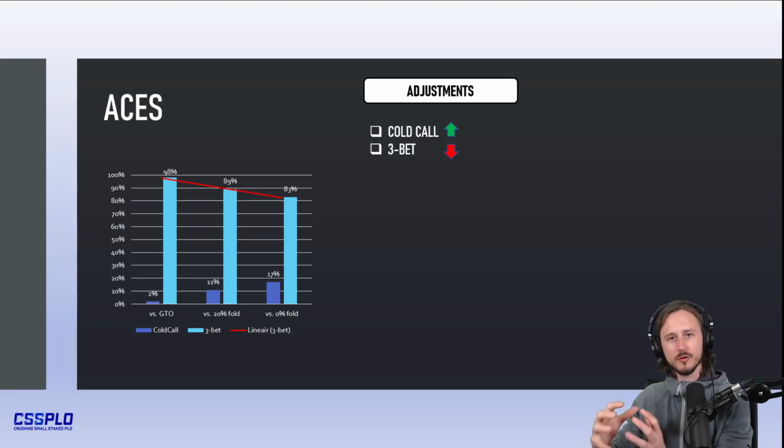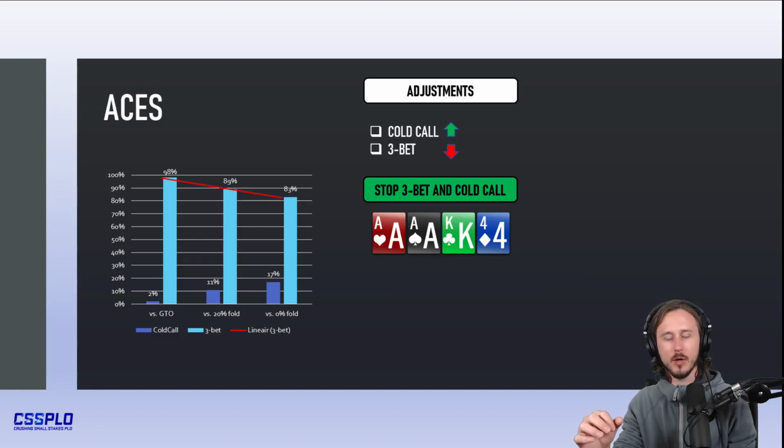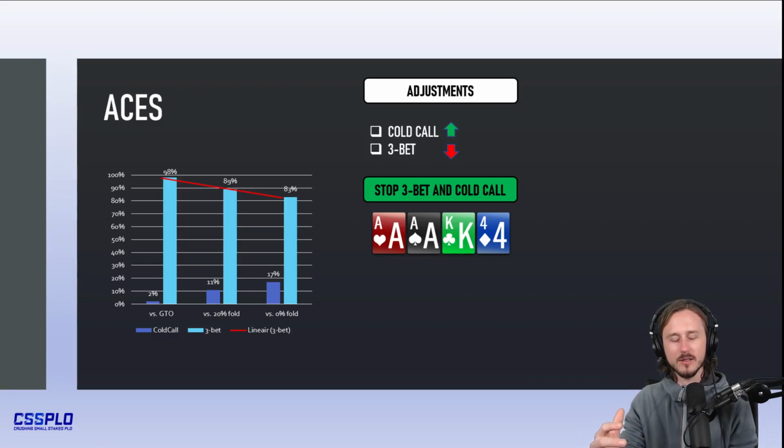Not having those folds anymore is actually pretty bad for many hands in our range, even for some of the aces. I'm going to give you some examples of aces that we should stop 3-betting and start cold calling here. Those aces are the most marginal aces, the aces that play the worst in a 3-bet pot, aces that can't stack off as often in 3-bet pots in general, and that benefit quite a bit from fold equity because these aces simply don't flop as smoothly in 3-bet pots.